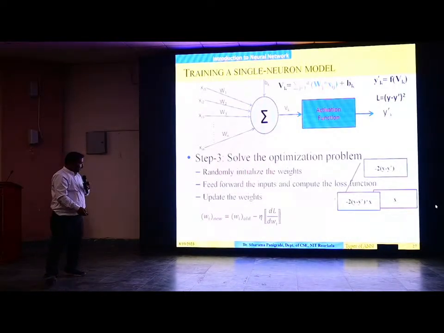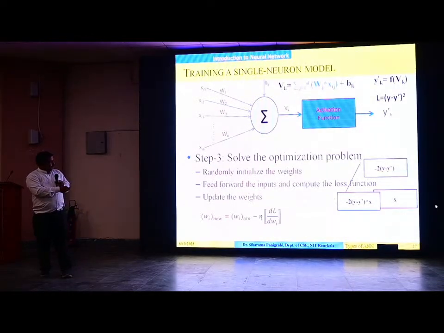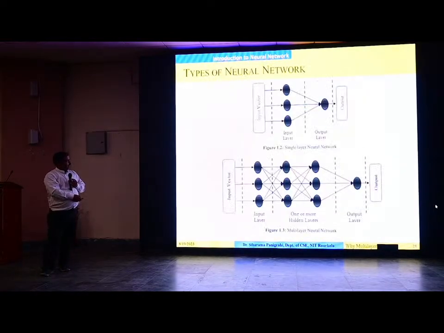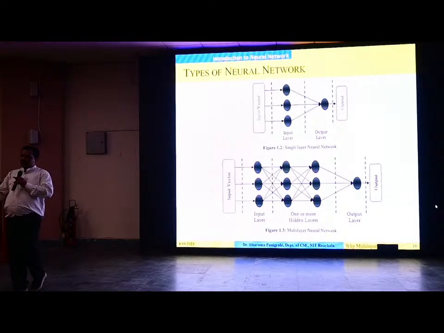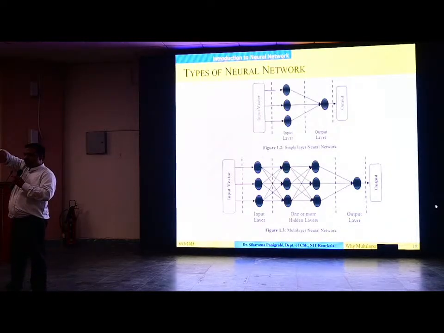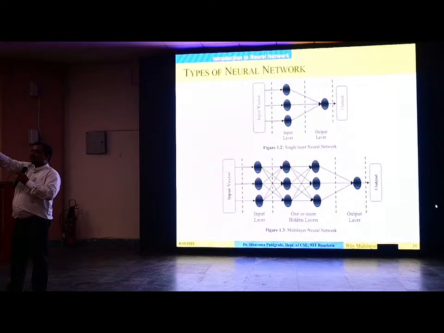Okay. So now here I have used a single neuron. The same concept can be extended to any number of layers and any number of neurons. So let me go through the types of neural network. One is the single layer neural network, which means one layer is the input layer and there is a neuron which is the output layer.